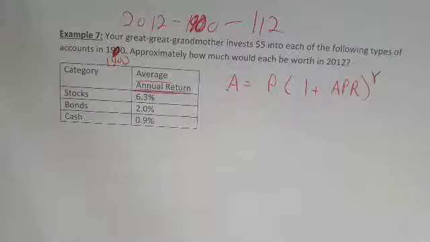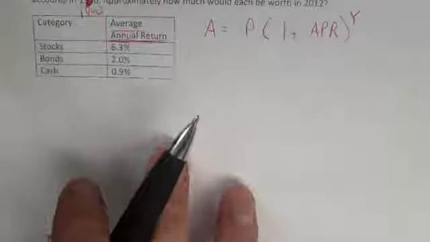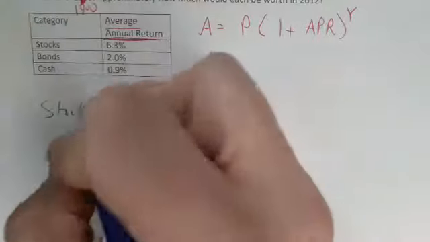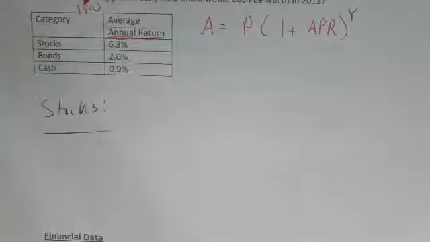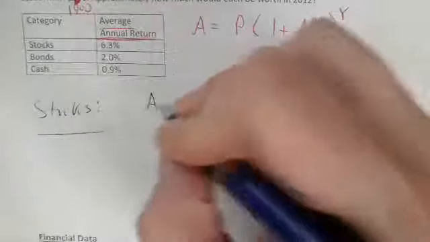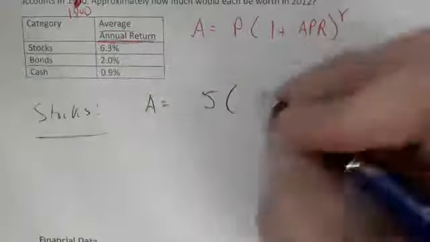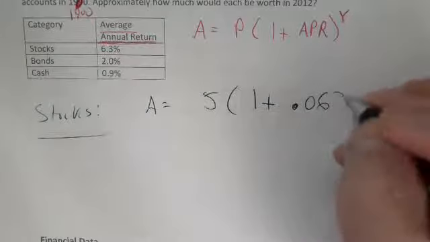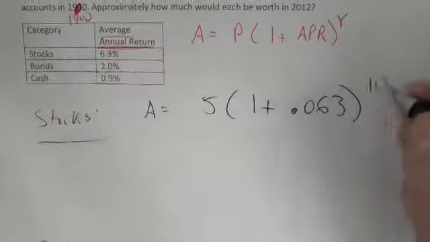They can tell you that in a multitude of ways within the problem. But we know our accumulated amount for, let's start with stocks. The first thing we want to do is stocks. I want to find my accumulated amount when my principal is $5. I want to do 1 plus my APR, which is 0.063, to the 112.